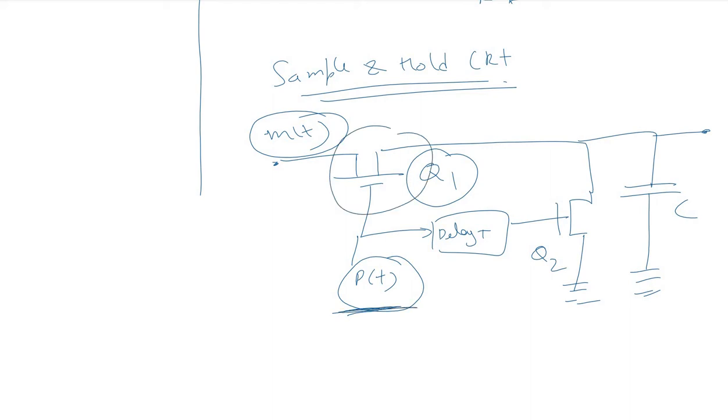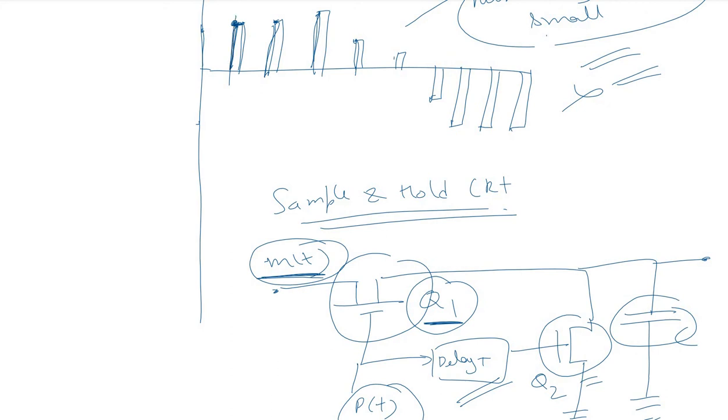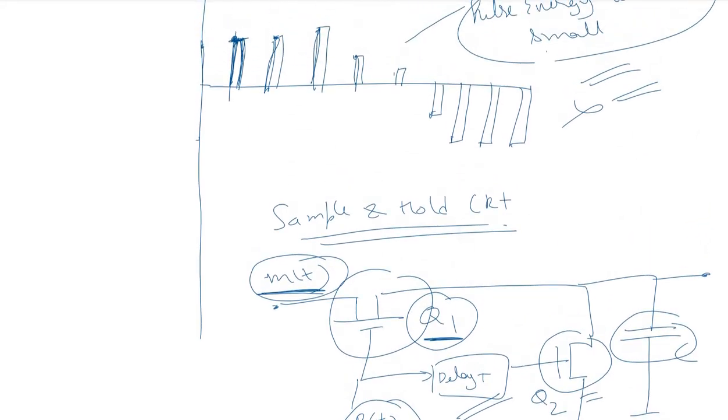This pulse train PT operates this switch Q1 and provides the instantaneous samples of this analog signal m(t), and those instantaneous samples are passed on to this capacitor for time duration T, which will hold on to the charge, and then it will be discharged through this switch Q2, thus resulting in the sample and hold phenomenon. So first we sample it instantaneously, and then we hold on to that charge for a particular time duration T, and this kind of circuit, a sample and hold circuit, is useful for generation of such kind of sampled signal.